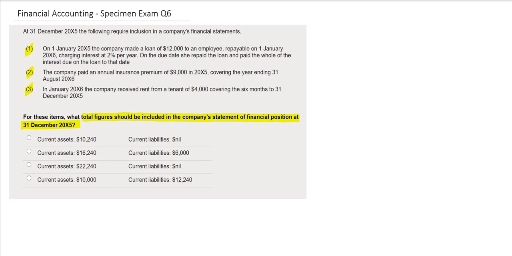For the first issue we need to look at, it says that on the 1st of January 20X5, the company made a loan of $12,000 to an employee and it was repayable on the 1st of January 20X6 with interest at 2% per year. We can see that we are currently looking at the 31st of December 20X5, and so this loan was repayable straight after our year end.